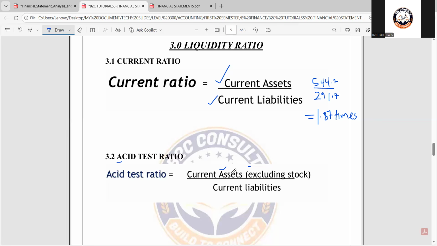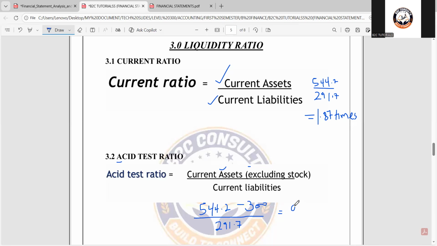So the total current assets of 544.2, minus any closing stock or closing inventory, that is the 300 according to the question that was displayed, all divided by the current liabilities of 291.7. So 544.2 less 300 divided by 291.7 gives 0.84.